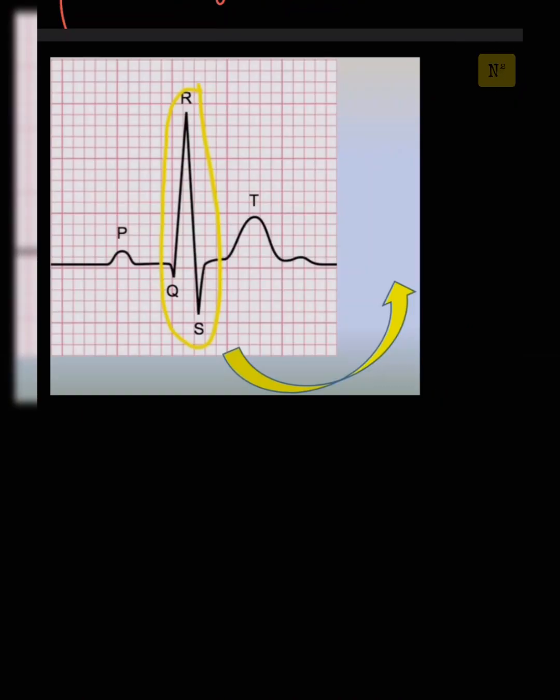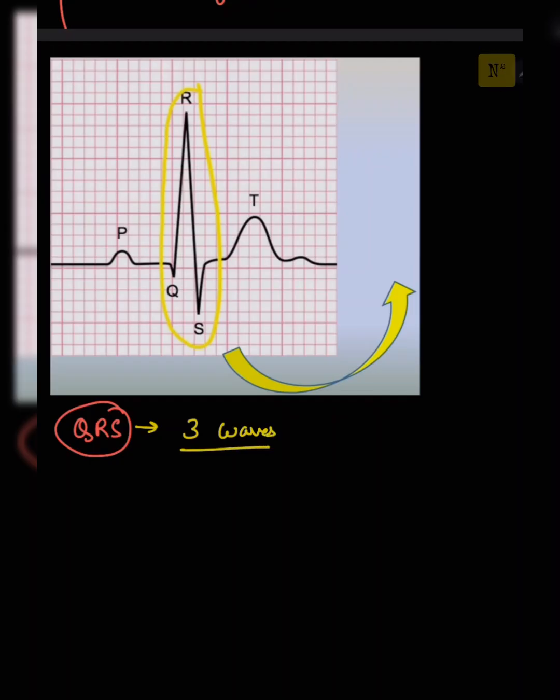Now the next curve for our discussion is the QRS wave. The normal complex that we get after the P wave is called the QRS wave. It is a complex formed by three waves.